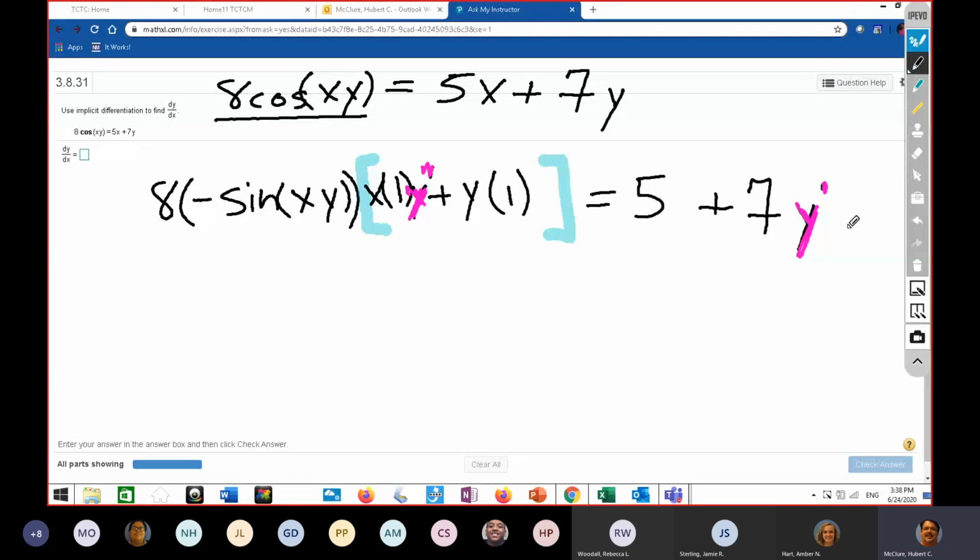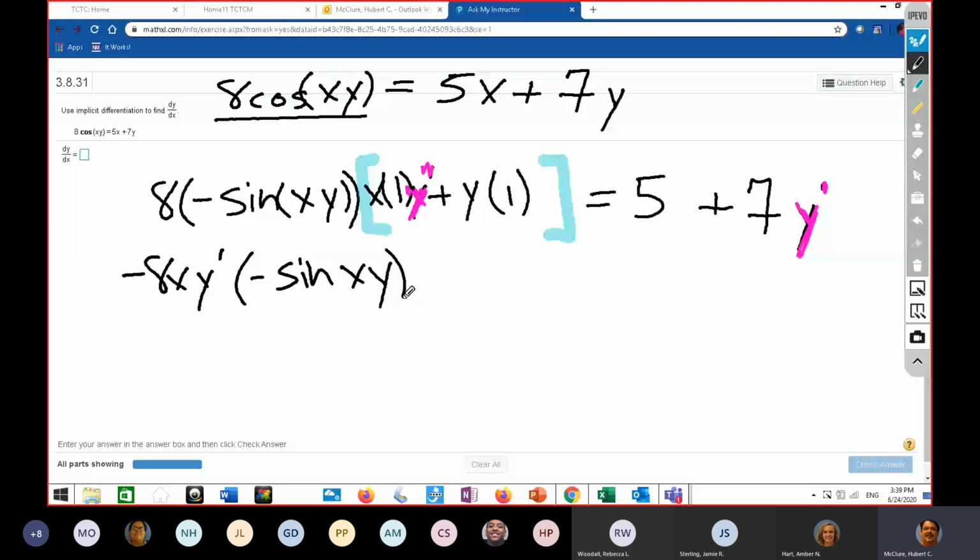Okay, so now I'm going to take this x, y prime, and I'm going to bring it out here with this -8. So it's going to be -8xy prime times negative sine of xy, plus, oh shoot, I forgot I've got to distribute that.